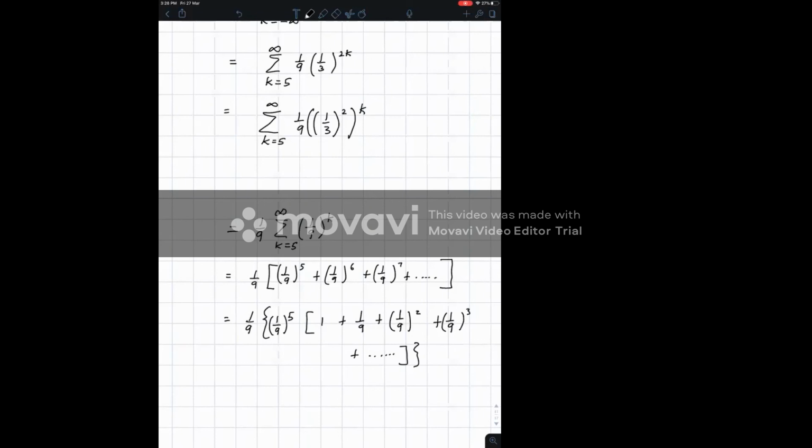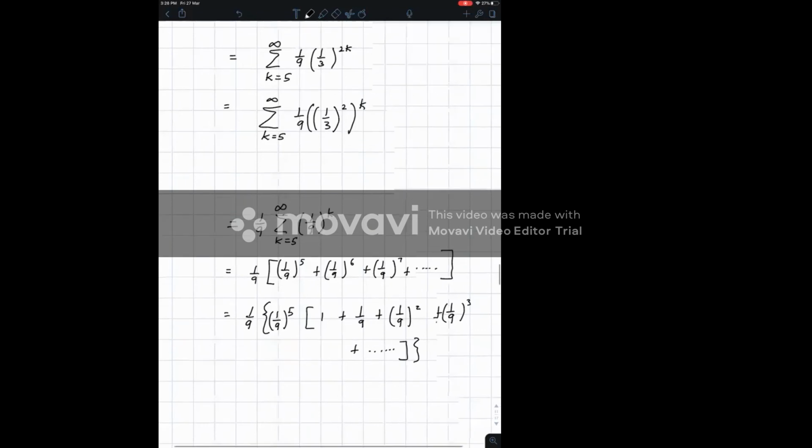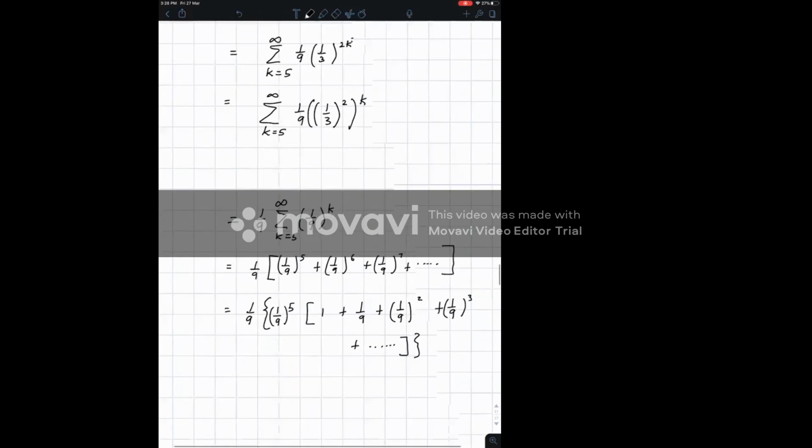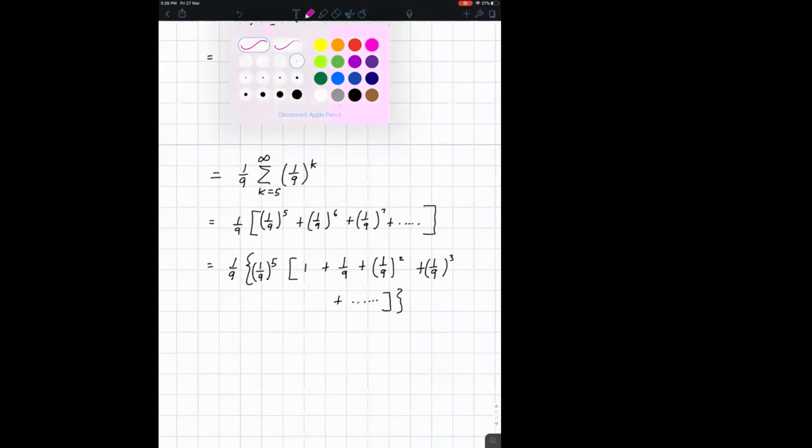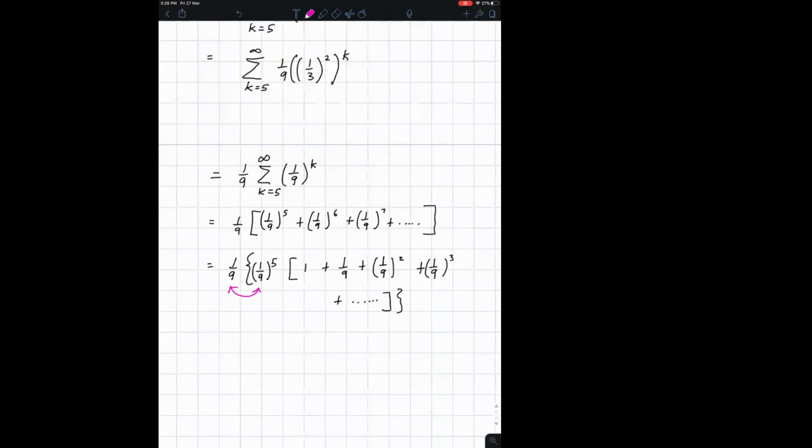Okay, let me simplify this further. If I multiply these two, what am I going to get? It's going to be 1 over 9 to the power of 6.